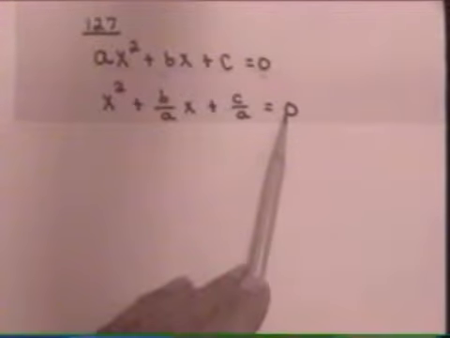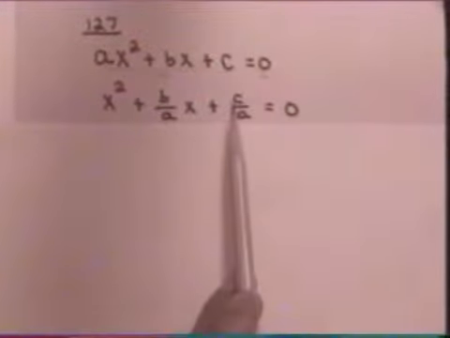Now if I divide ax squared by a, I get x squared. If I divide bx by a, I get b over a x. If I divide c by a, I get c over a. 0 divided by a is 0. So we divided both sides by a.